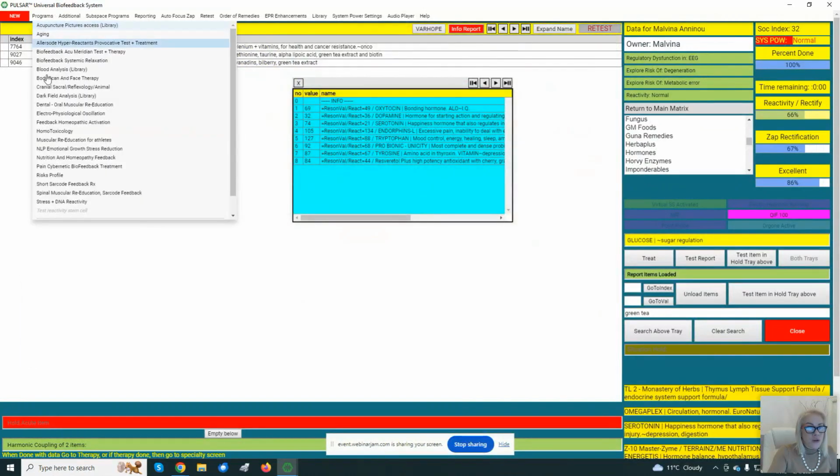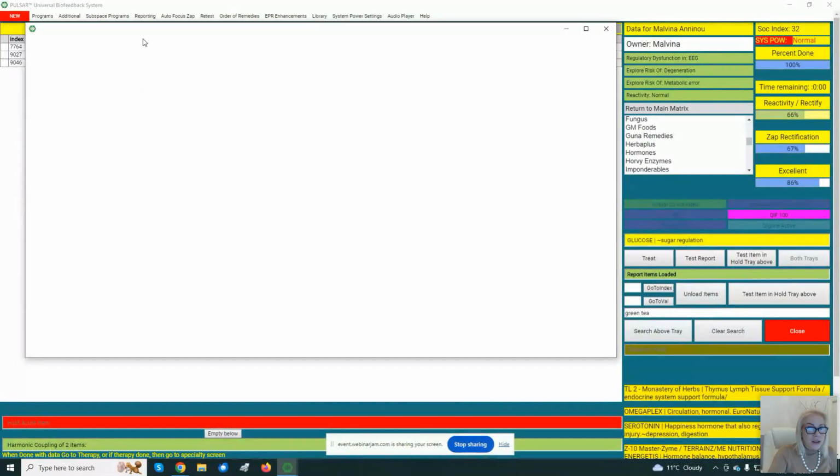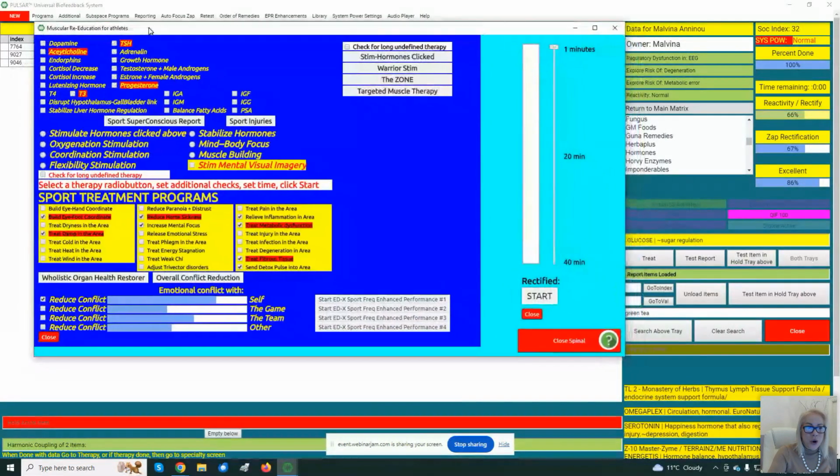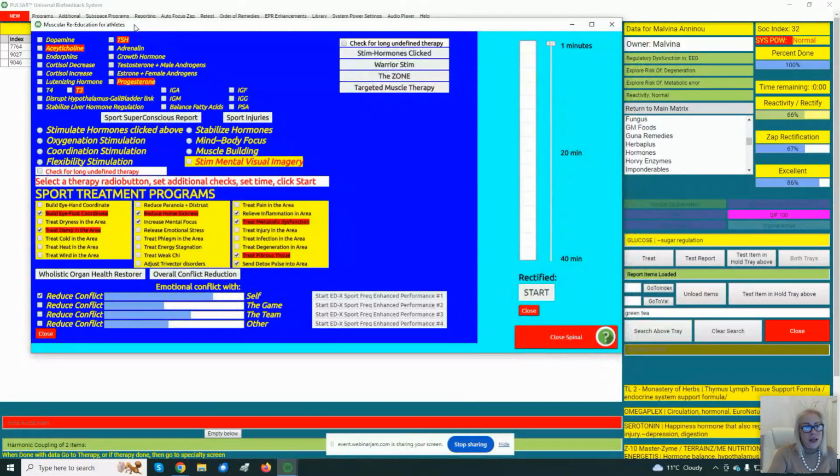Another very useful panel is the muscular re-education for athletes. We are all athletes in life, remember? So it's not only for athletes, but it's for all of us. And you can see the hormones that are reacting here. TSH hormone, which is part of the endocrine system, and the progesterone there is reacting.